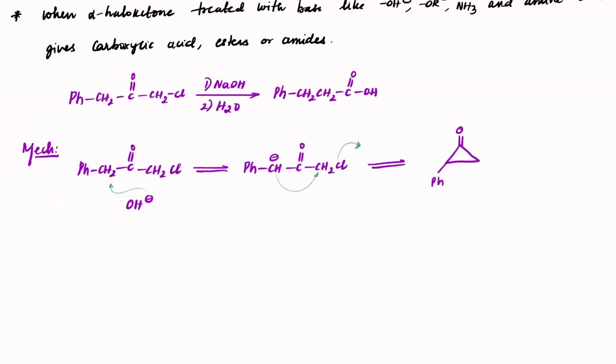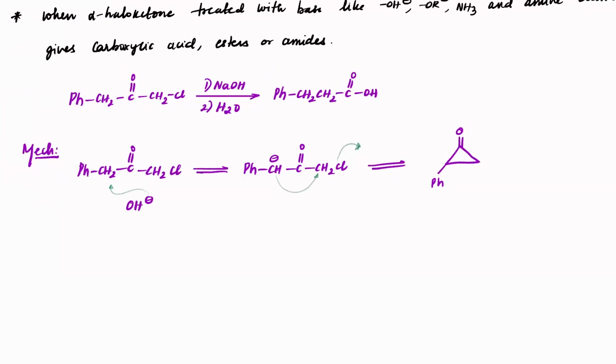Once you get this intermediate, because it's a three-member ring, it is a highly unstable form. So OH minus will go attack on this carbon, correct? And it will open in the direction where the carbanion is more stable. So you would notice we will get this as double bond O and OH, and we will get this as Ph and minus.